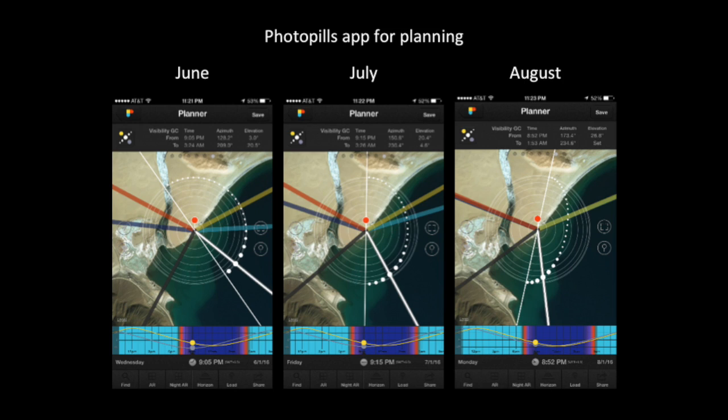That changes when you go to July and August. In July and August, even though it is visible at 8:52 and 9:15, the Milky Way is already up by the time it is visible. And you get less and less time as the months proceed, like July, August, September, October, November.